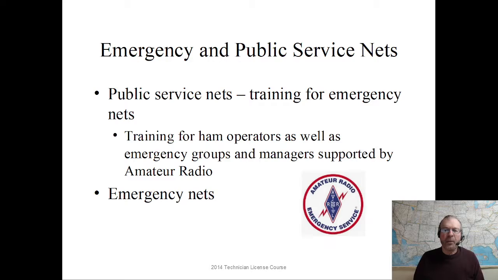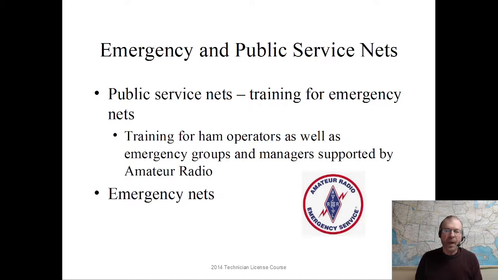We might be working with people from the Red Cross or the Salvation Army, or perhaps a municipal or governmental organization, maybe even an energy company like a power plant, a nuclear power plant. Places where there is a potential for a public service emergency need public service training.